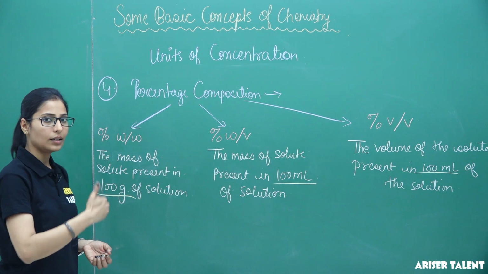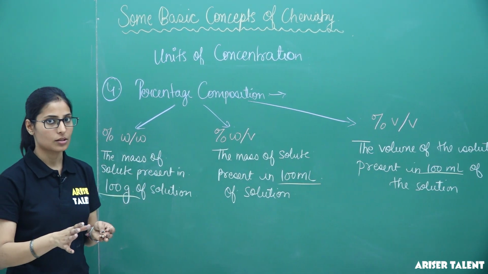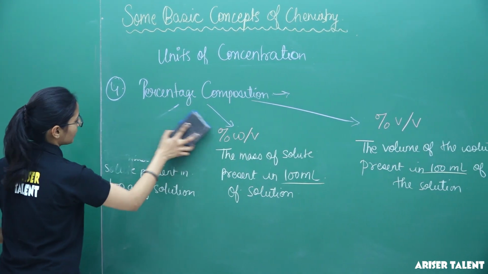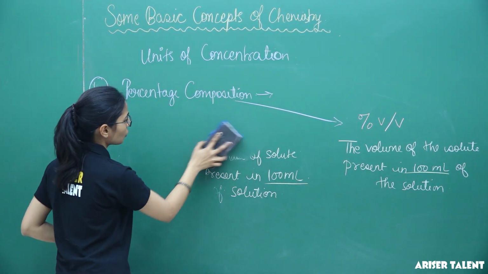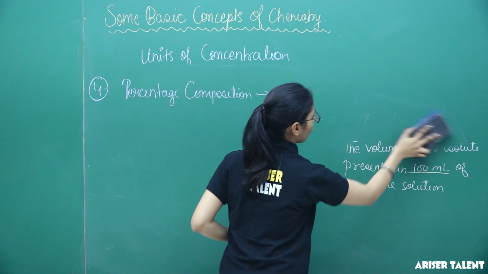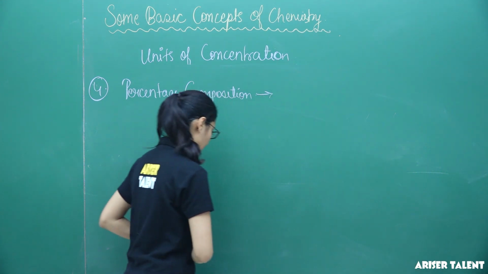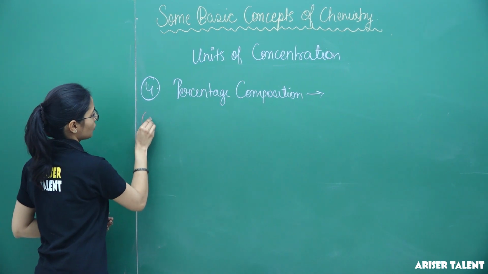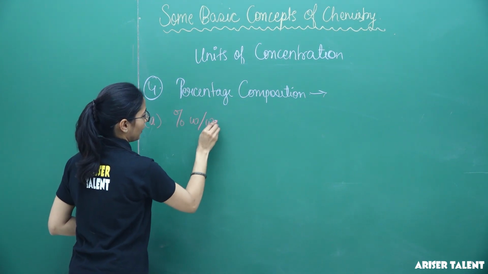Now, we are going to see the formulas of all the three percentage compositions. Since you know the statement or the definitions, you can easily make your own formulas. The first one is the percentage weight by weight.